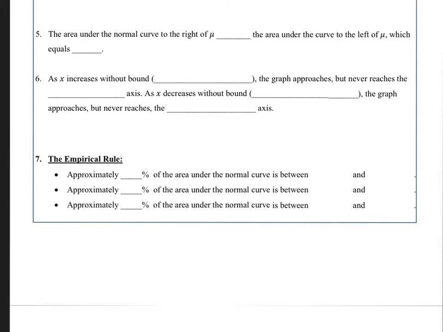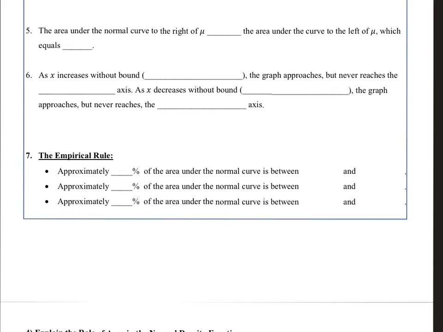Next, the area under the normal curve to the right of mu, let's get a visual here. So if we have our normal curve, and here's mu, the area to the right, we're talking about red. So the area to the right of mu equals the area under the curve to the left of mu.